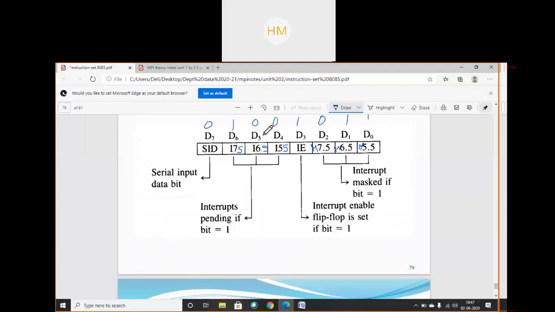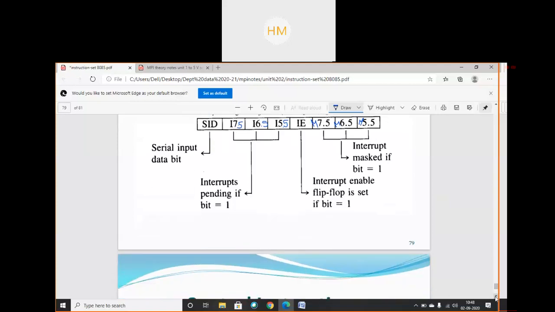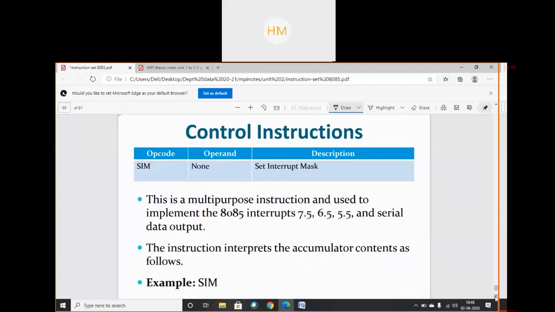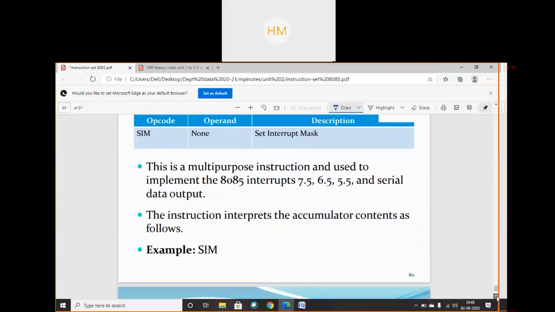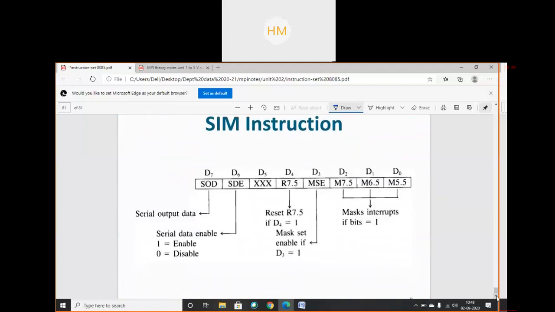I want that I7.5 should be pending, so I will put 1 over here, other all zeros. And I have to use 1 in the D3 bit, interrupt enable. Clear? So the SIM instruction interprets the accumulator content as follows. Draw this in your copy, do it fast.